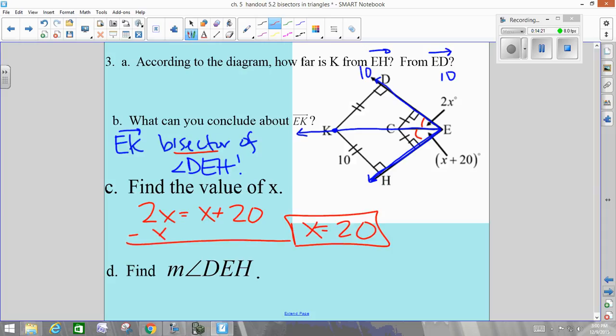Oh, well, you answered it when you said they're congruent to each other. See, I told you it was 20. So x equals 20. Part D says find the measure of angle DEH.